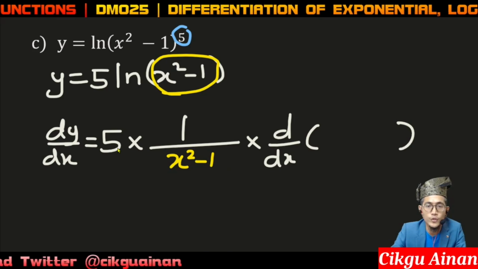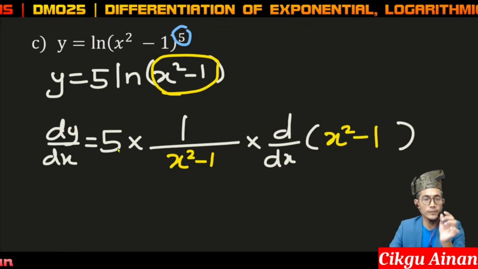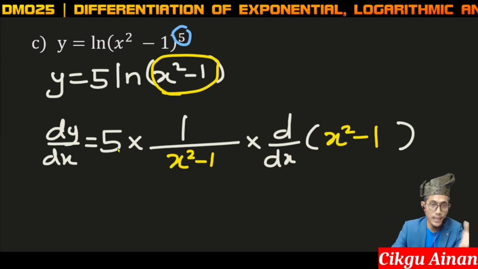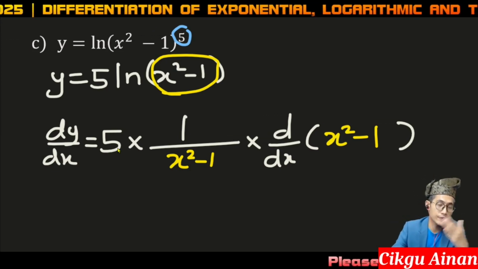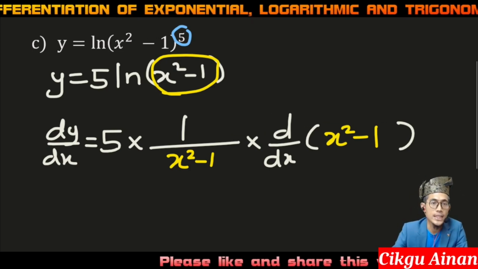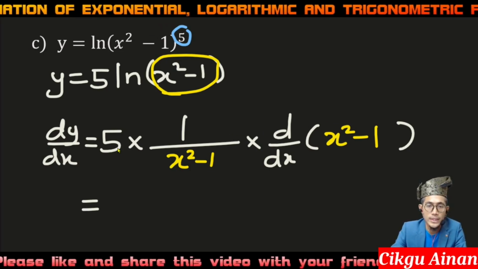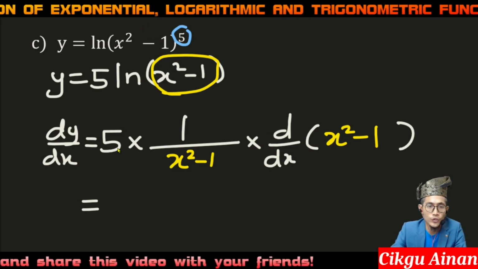If you see a power on top of the bracket in a logarithm, we can move it in front of the logarithm itself, and then we can differentiate easily. So for this one, we follow through.